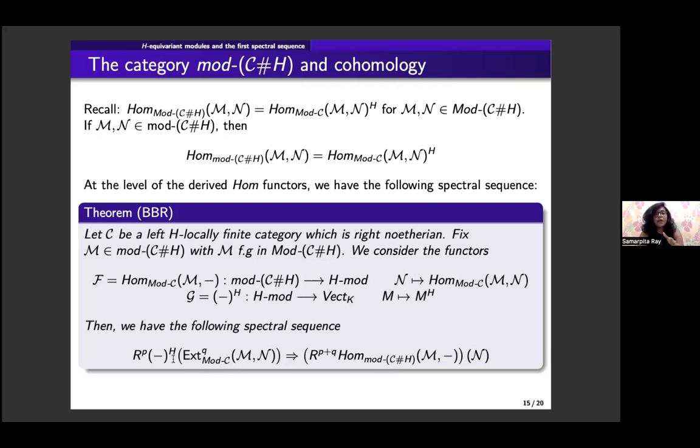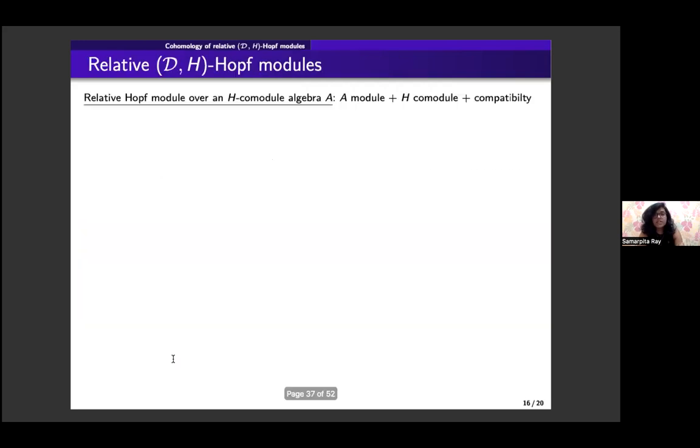Okay, so far I've talked about modules over H categories, and in the last part I will talk about modules over the co-H categories, which is a relative version of modules. In the sense of classical Hopf algebra, relative modules over an H comodule algebra is basically a module which is also an H comodule, with some compatibility condition.